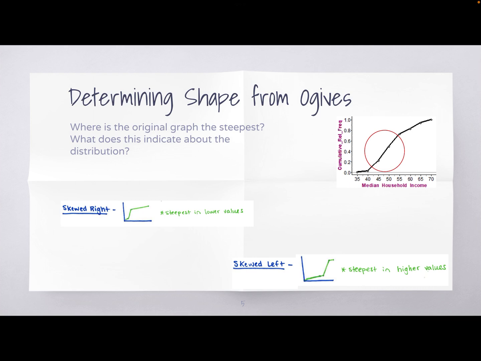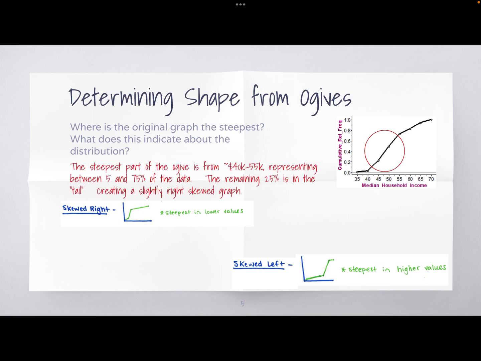That is where it's steepest. And then, what does this indicate about the distribution? The steepest part is between 40,000 and 55,000, representing between 5 and 75% of the data. If you go over to the y-axis, you see that at 40,000, it's at about 5%, and up at 55,000, it's probably about 75%.